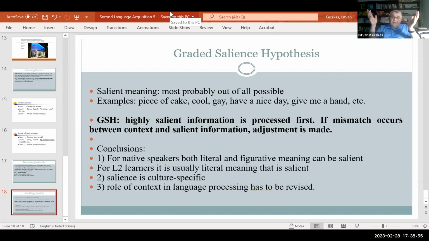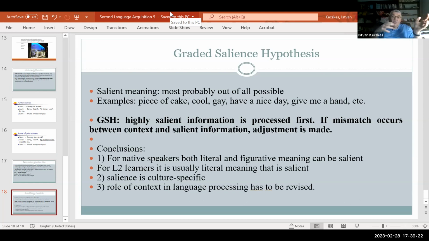And the third thing is the role of context. So we have to revise our understanding of context, because when we talk about context, it's usually the actual situation and context that we mean. But we should not forget about prior context, that is connected with saliency. So context has two sides, actual situation context and prior context.